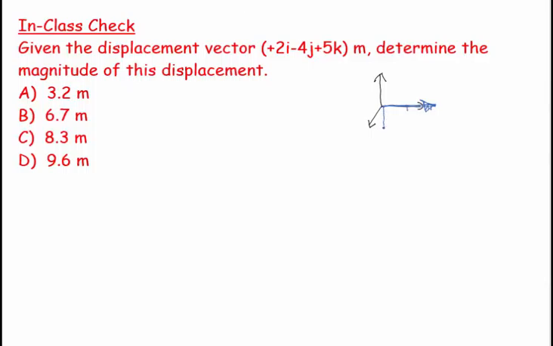So there's 1 unit, 2 units, 3 units, 4 units. That will be minus 4j. And then we have plus 5k. And that would be 1 unit, 2 units, 3 units, 4 units, 5 units. So that would be my plus 5k.